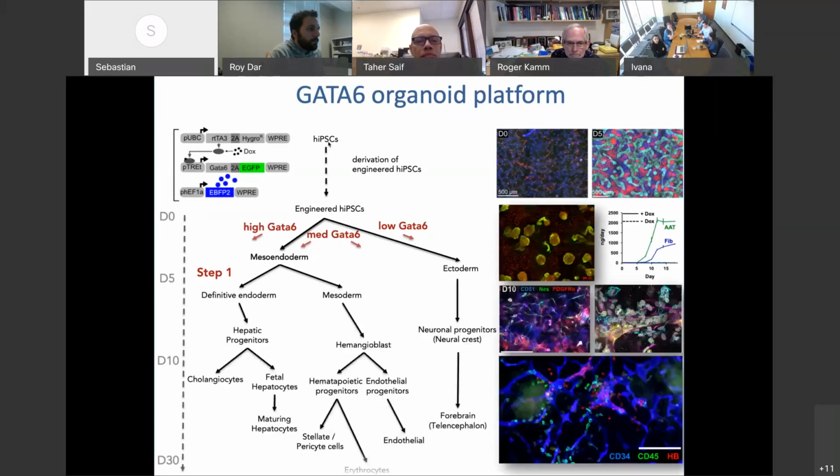When you give a pulse of GATA6 expression to the cells and then let the cells grow in basal medium, you end up with this brain-liver organoid, which has been highlighted many times in EBICS. Something important is that the organoid has both brain and liver tissue.